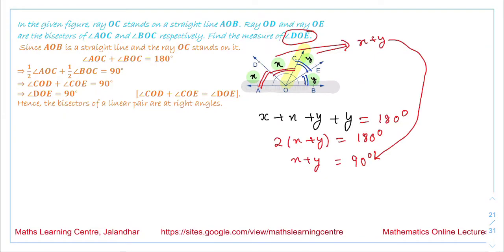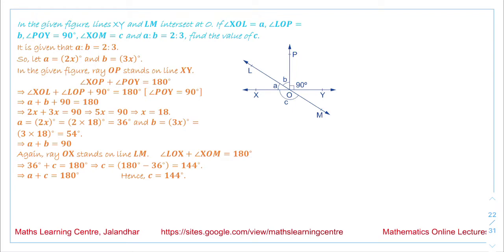Now in the next question, it is given that XY and LM are two lines which intersect at O. Further, the angles are given over here. This XOL is A, LOP is B, and likewise other angles are given.